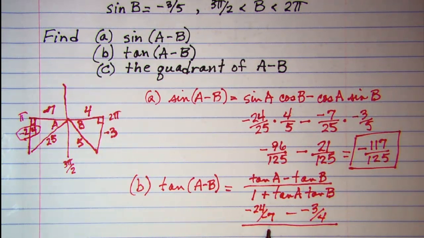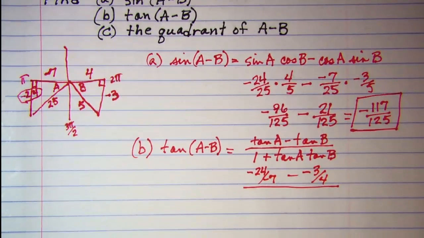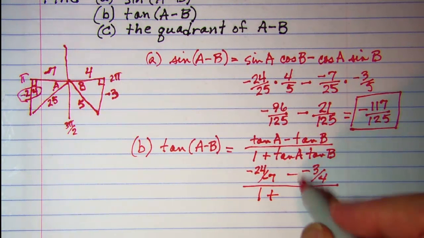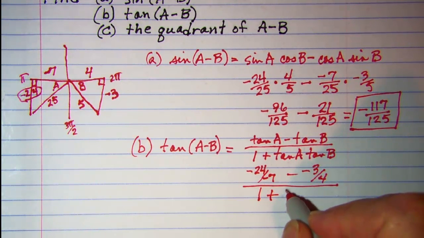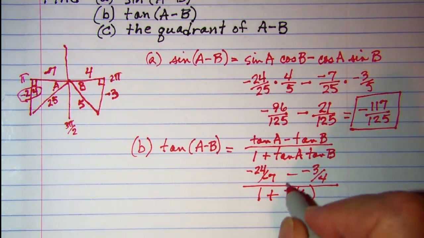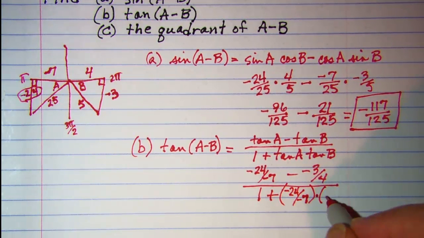And then in the denominator, we have 1 plus the product of these two, so negative 24 over negative 7 multiplied by a negative 3/4.